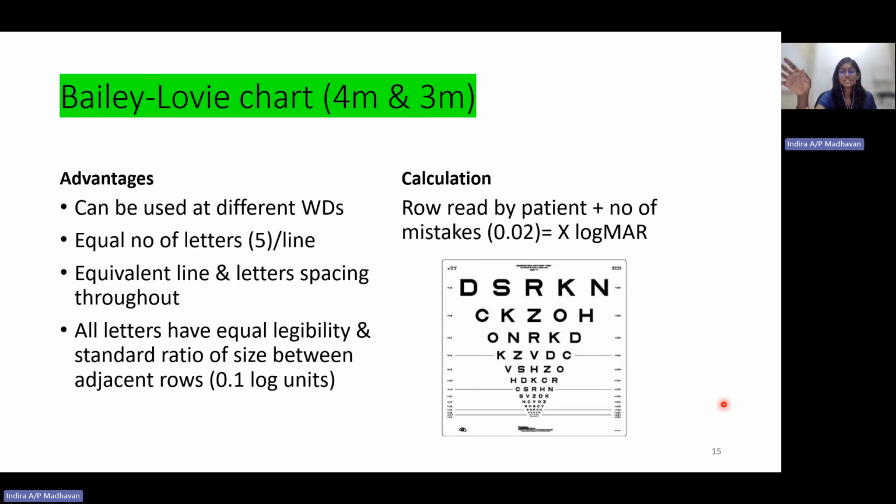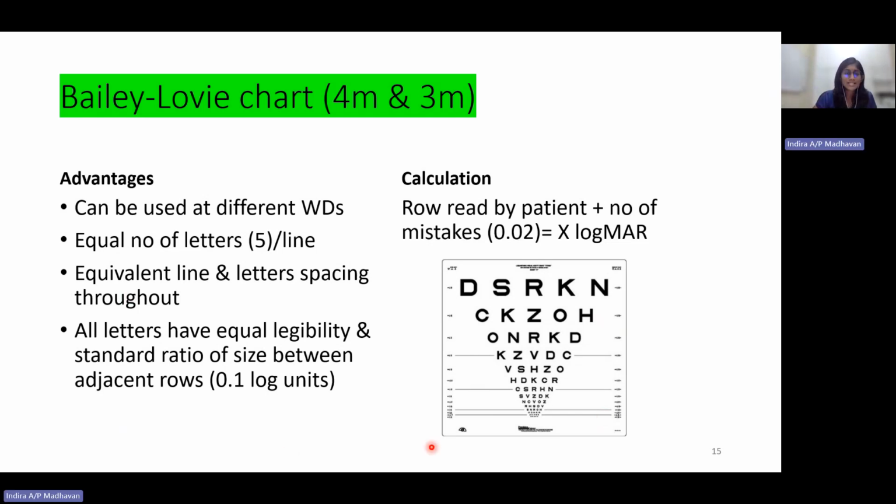As I mentioned, it is standard, not like the Snellen chart, where 6/60 is 1 letter and 6/36 is 2 letters. This LogMAR chart has 5 letters per line and equivalent line and letter spacing throughout. That means the size of the letters progressively reduces in a standard way, and the spacing between the letters also reduces in the same way. That is the reason why it is standard.